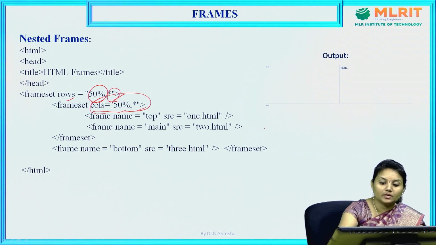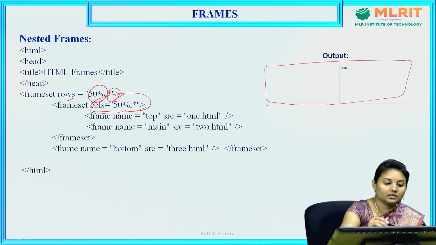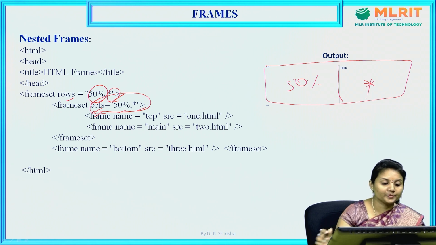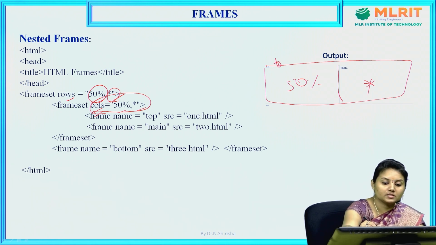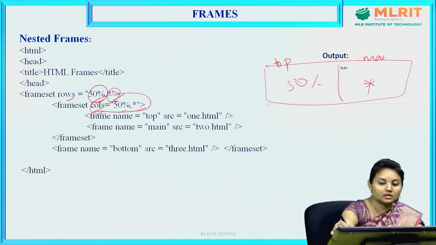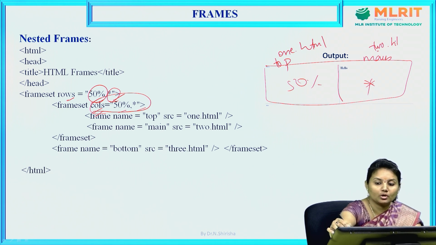That means you have this window, this 50% we have taken. So that 50% again column-wise I need. This is 50% and this is the remaining. And these two we have defined names, this as top, this as main. This is 1.html and this we have given as 2.html.